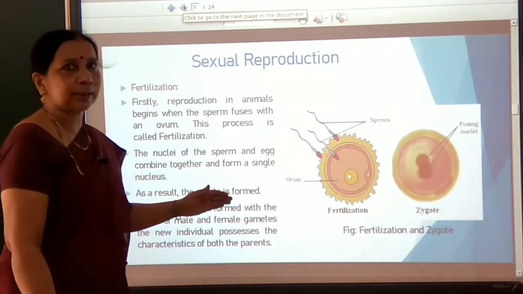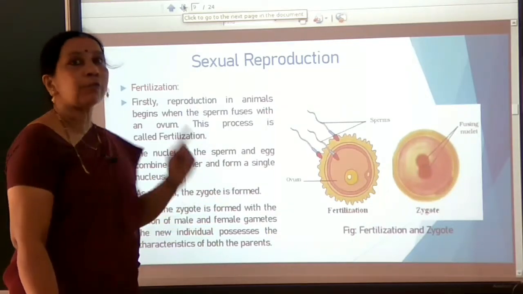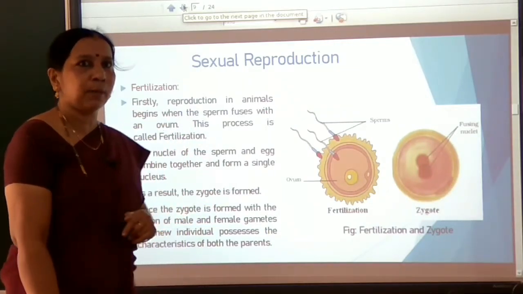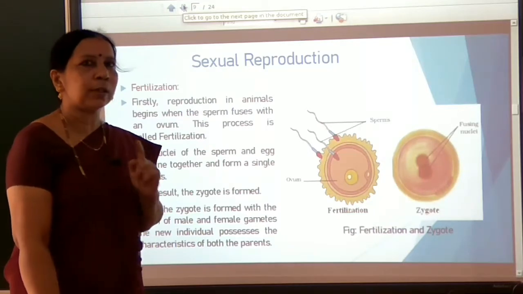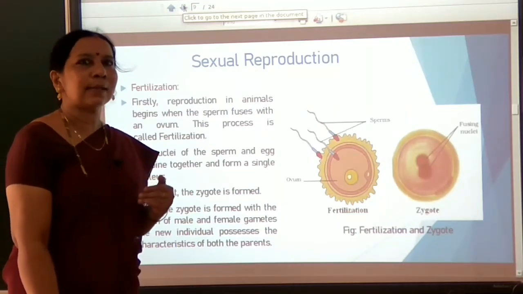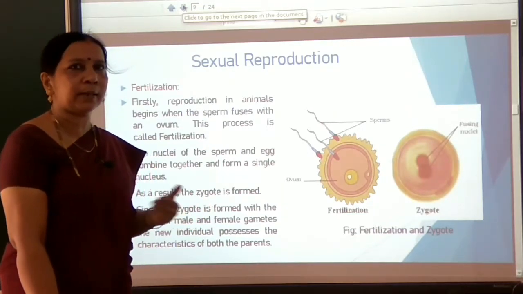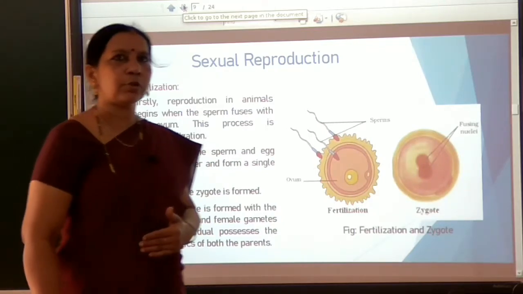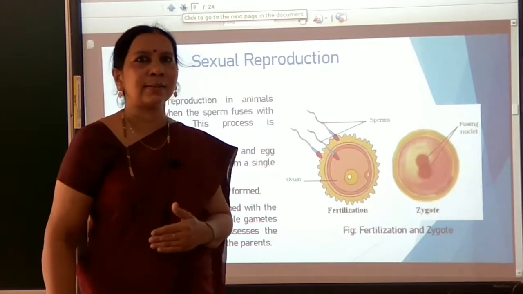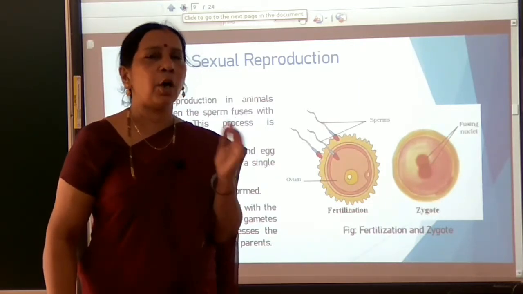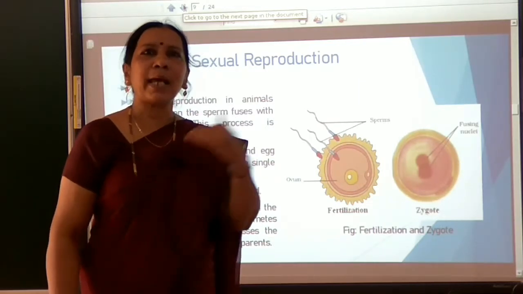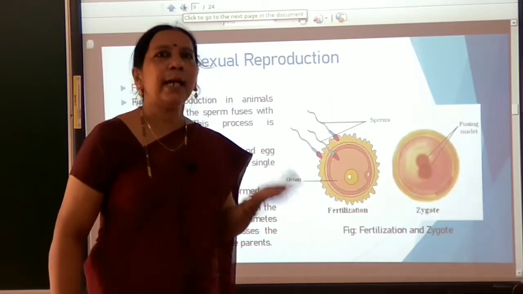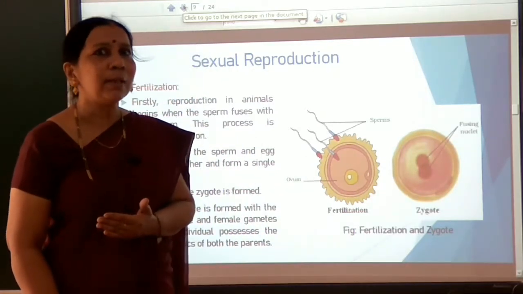Since the zygote is formed with the fusion of male and female gametes, the resulting individual will have characteristics of both the parents, the male parent and the female parent. You observe in your house, your brother or sister, or even you, have some characteristics from your father and some characteristics from your mother.